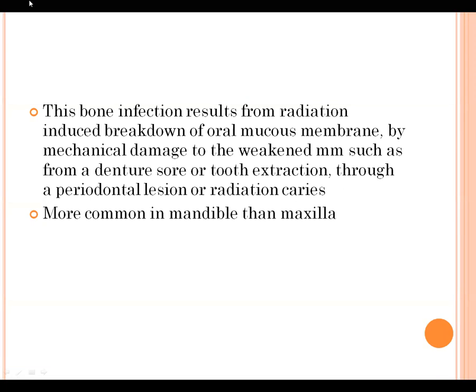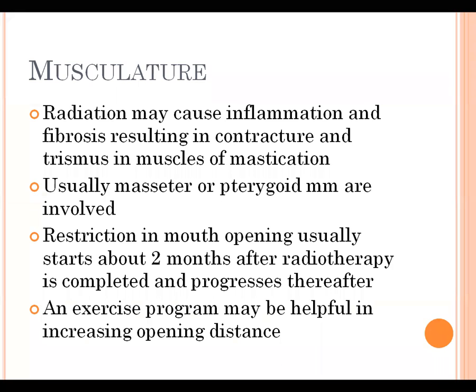The more commonly affected region is the mandible rather than the maxilla. So osteoradionecrosis is seen more commonly in the mandible than in the maxilla due to less blood supply, less vascularity.